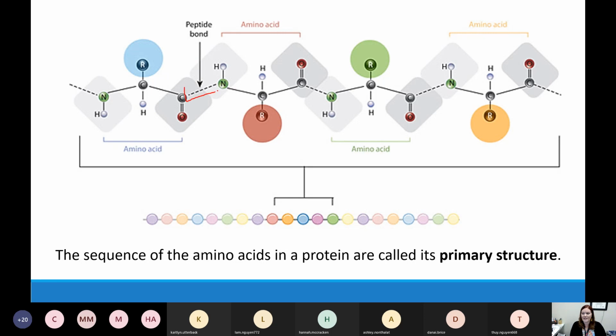Notice in my picture, we can see these peptide bonds. The peptide bonds connect one acid group of one amino acid with the amine group of its neighbor. And then it's also going to form with its own acid group a peptide bond with the amine group of its neighbor. So primary structure, sometimes we call it beads on a string. It's the line of amino acids that we see.